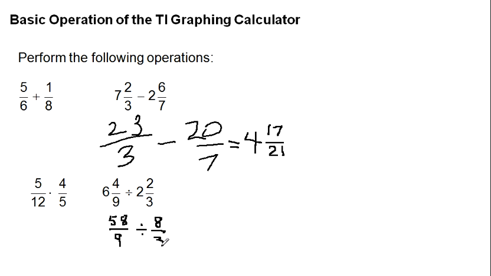Now remember that this is division and we're using a divide key for our fractions, and that causes a conflict with order of operations. So to avoid any errors when you're using division and fractions at the same time, you put a parenthesis around the fractions.